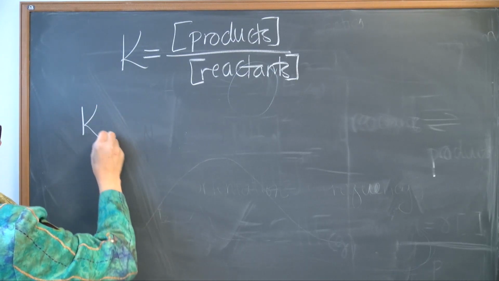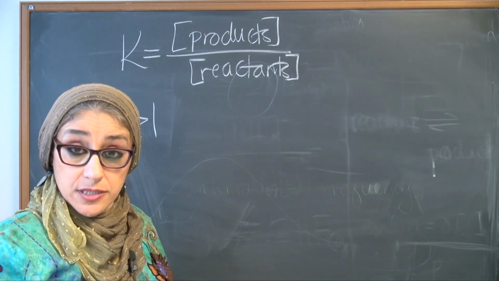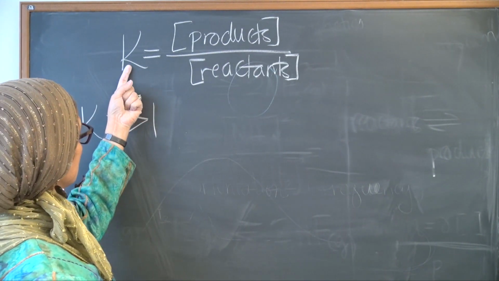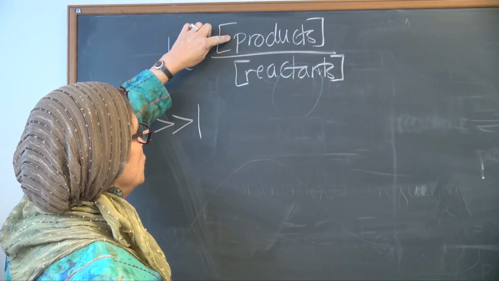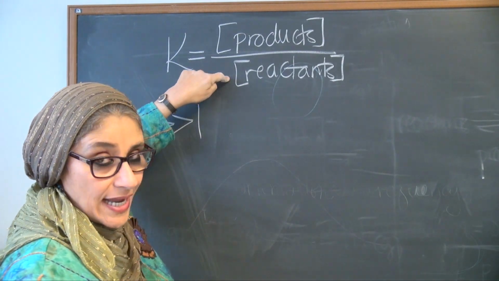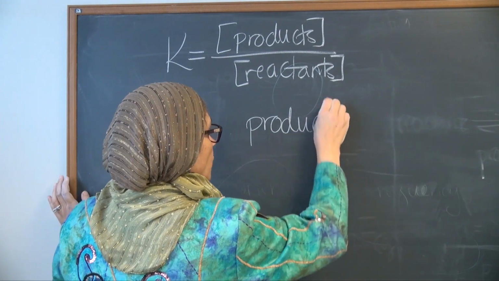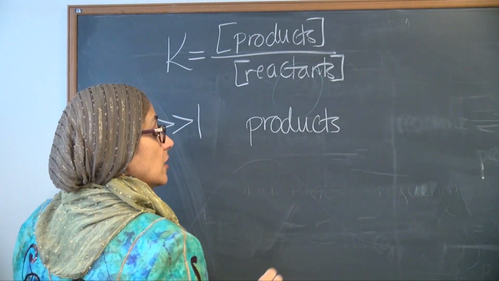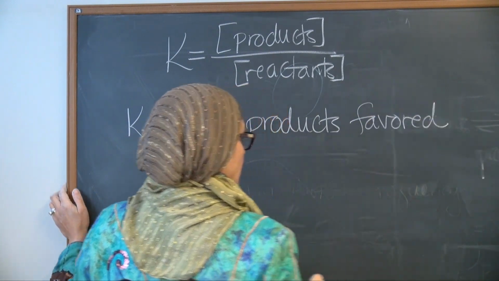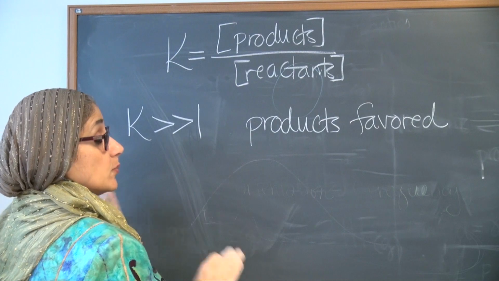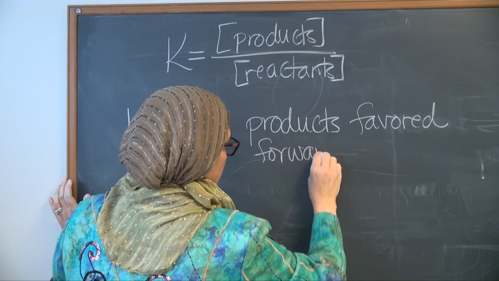If the value of K is larger than 1, what exactly is that telling us chemically? Well, if the K value is greater than 1, this is a ratio, that means the numerator or the products are greater than the reactants. If there are more products than reactants at equilibrium, it means that the products are favored, or the reaction that produces product, the forward reaction, is favored.